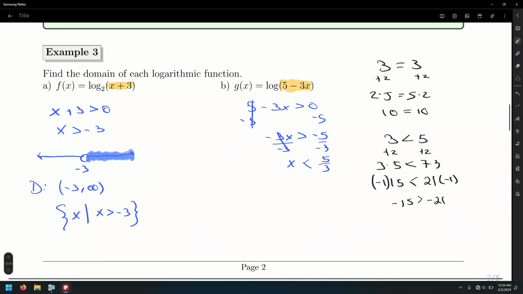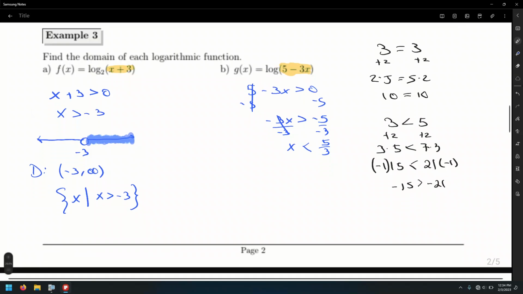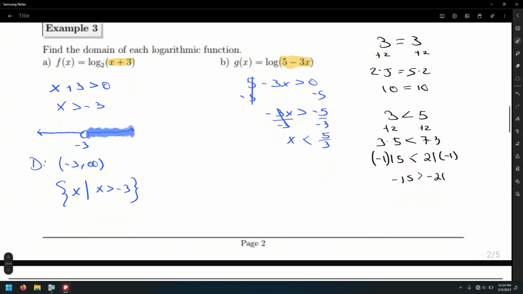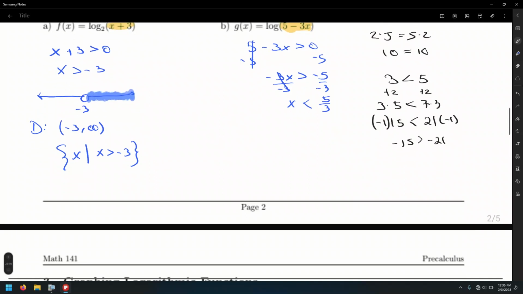So that's why we reverse the inequality symbol every time we multiply or divide by a negative number in an inequality, to keep the logic of the statement that we're working on.